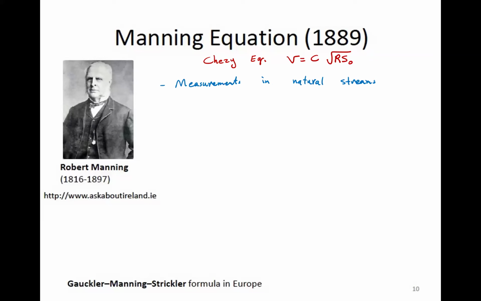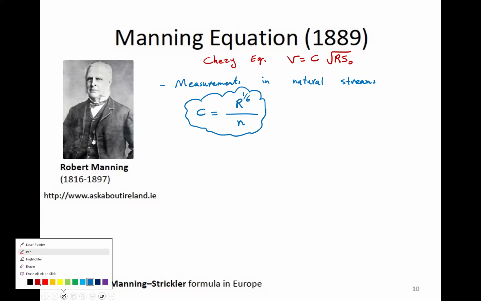And he used dimensional analysis and compared results to Chezy. And what he found was that that C coefficient that you have for natural streams, you can actually rewrite as hydraulic radius raised to 1/6 divided by something, let's call it n.